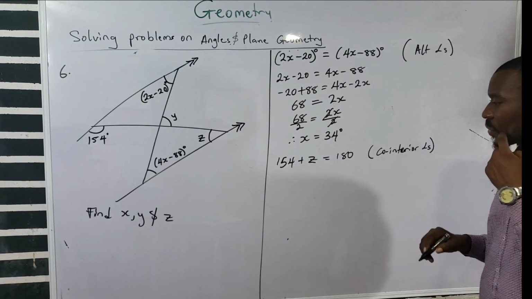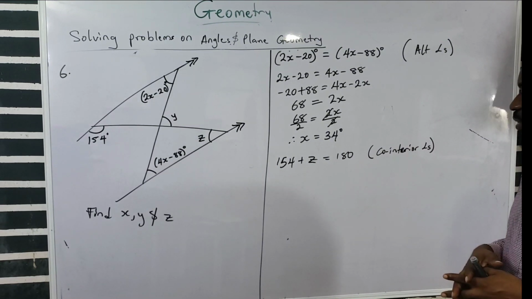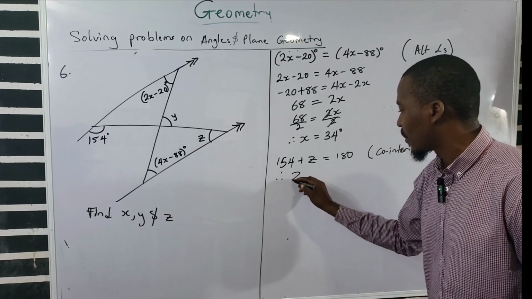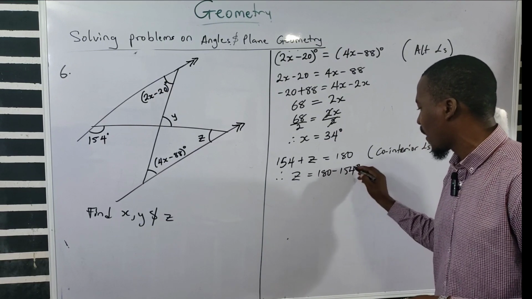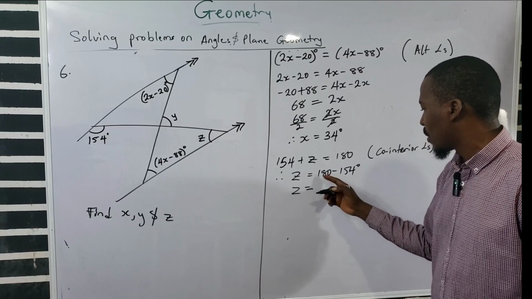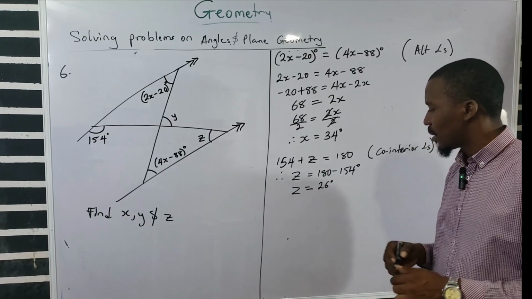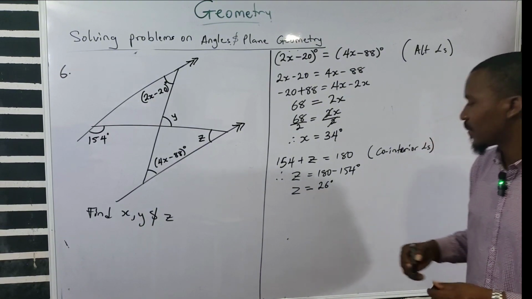Co-interior angles are supplementary, or they sum to give you 180 degrees. So with that, we can easily get our z. Therefore, z equals 180 minus 154. That will give you that your z equals 26 degrees. Okay, so we have gotten our z as 26 degrees.